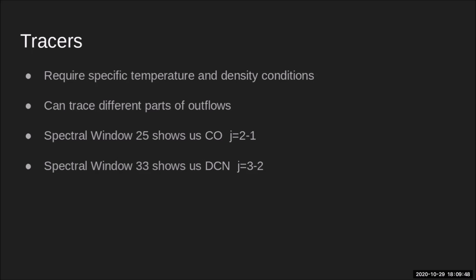So, for example, spectral window 25 shows us the CO 2-to-1 transition line, but it's possible for us to see a different transition line of the same molecule. And that would let us know that there are different temperature or density conditions in that part. So it gives us a lot of insight into these outflows.